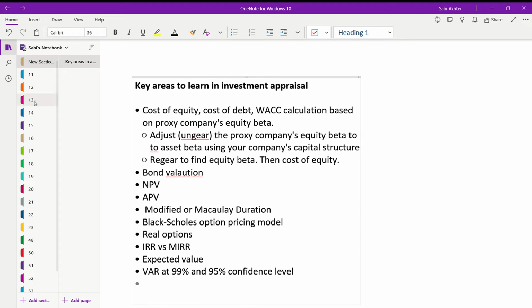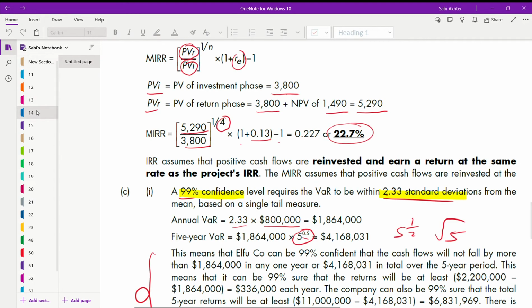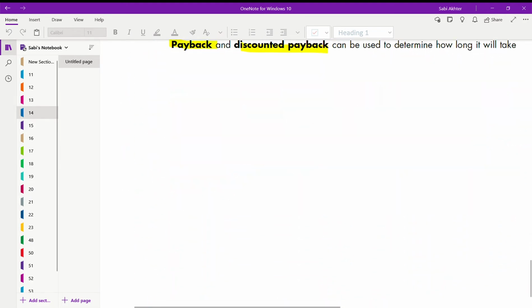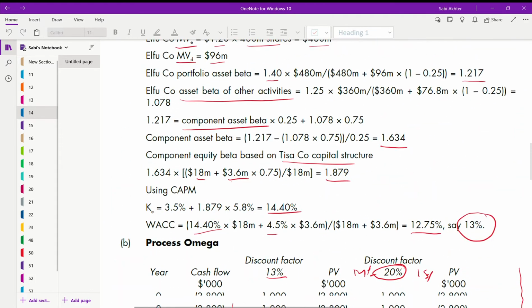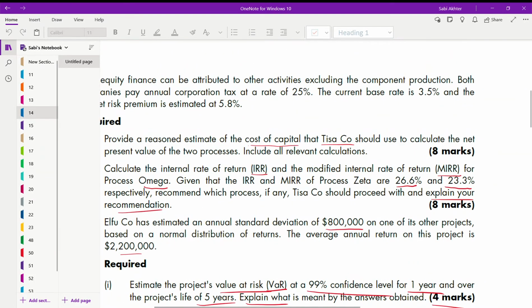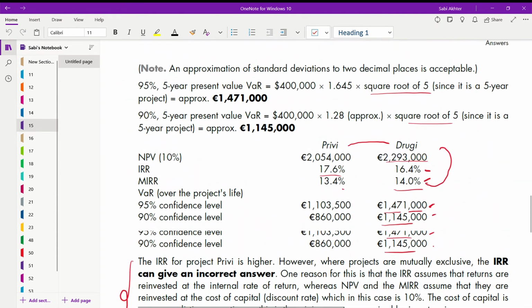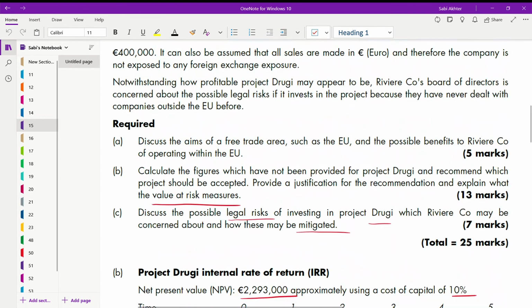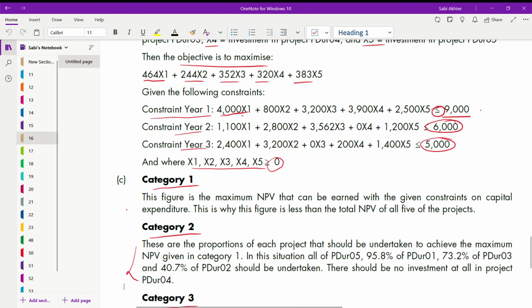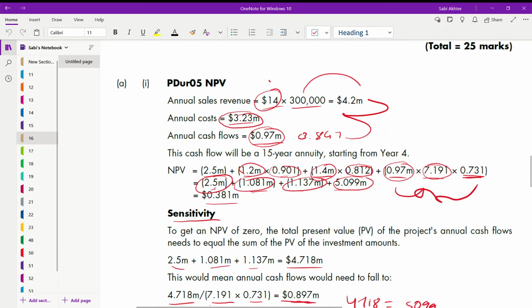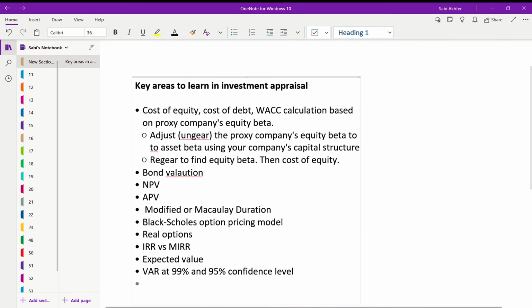Then what is it? Let me go to the question and see. 14. 15. 16. Yes, the other one is sensitivity analysis.